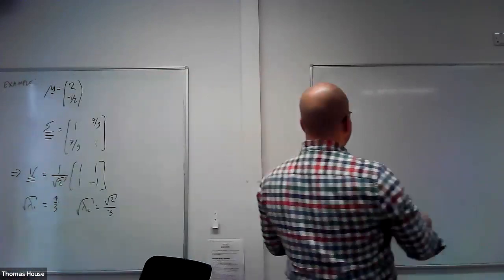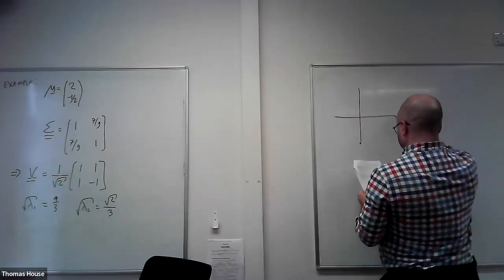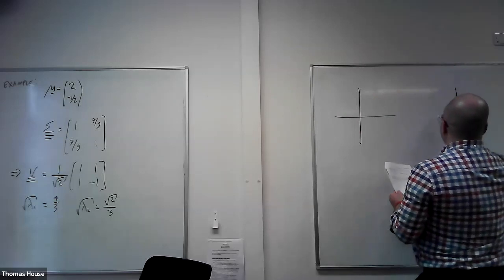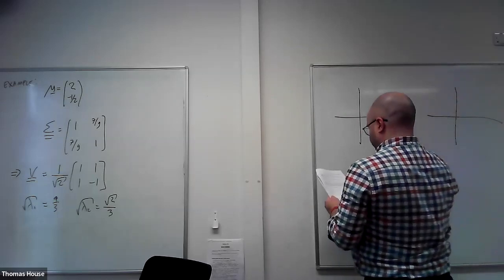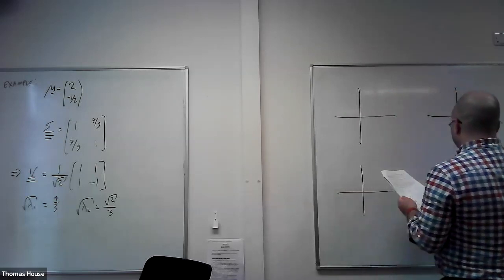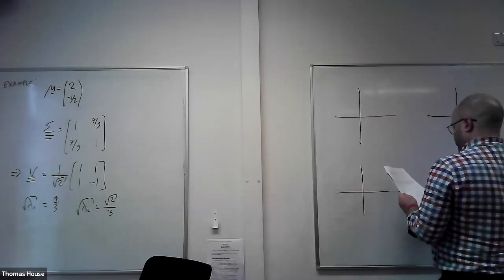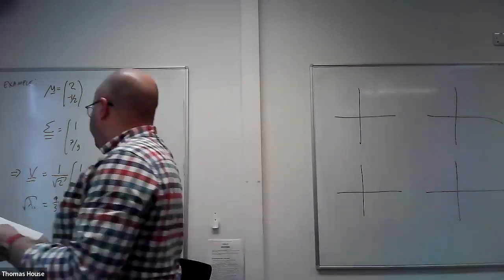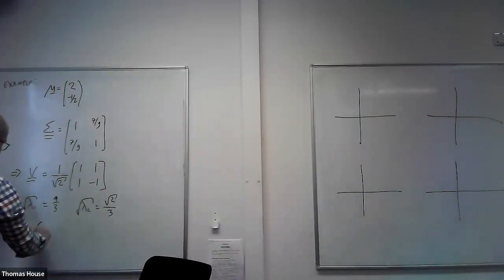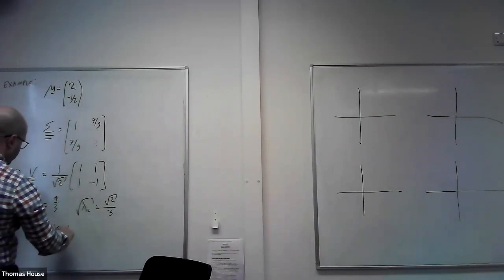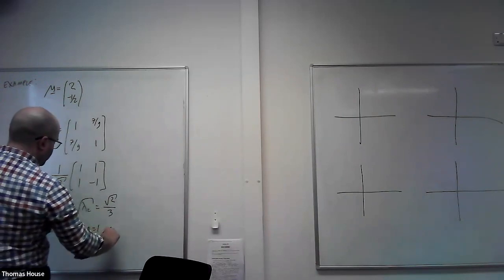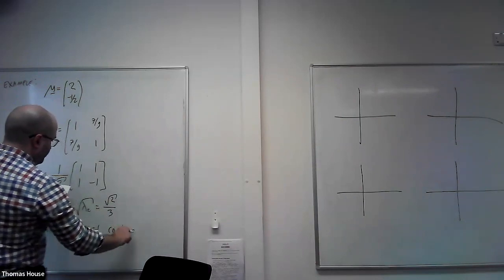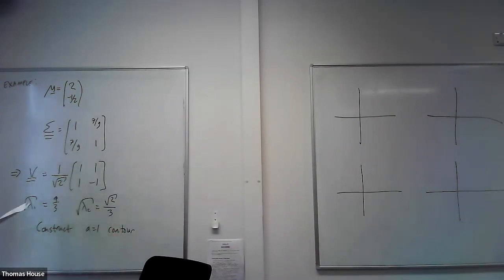So let's have a look. Let's draw 4 sets of axes and see how this develops. So how would we work out where a contour is? We're going to look at the a equals 1 contour. So this is our example.